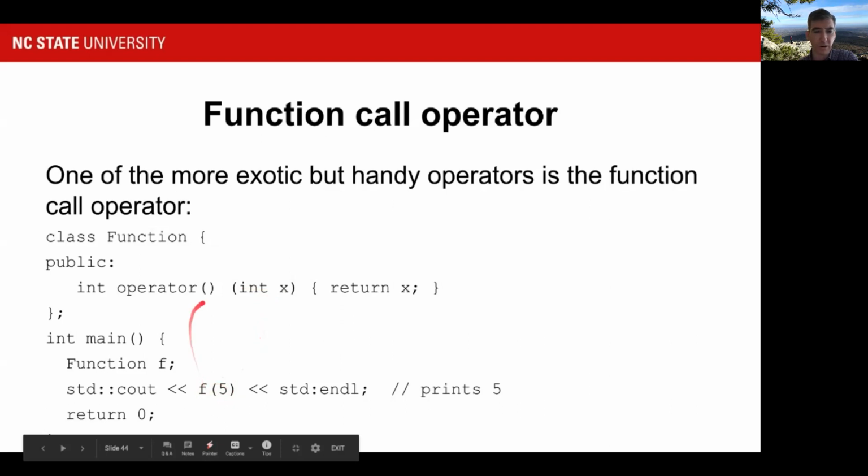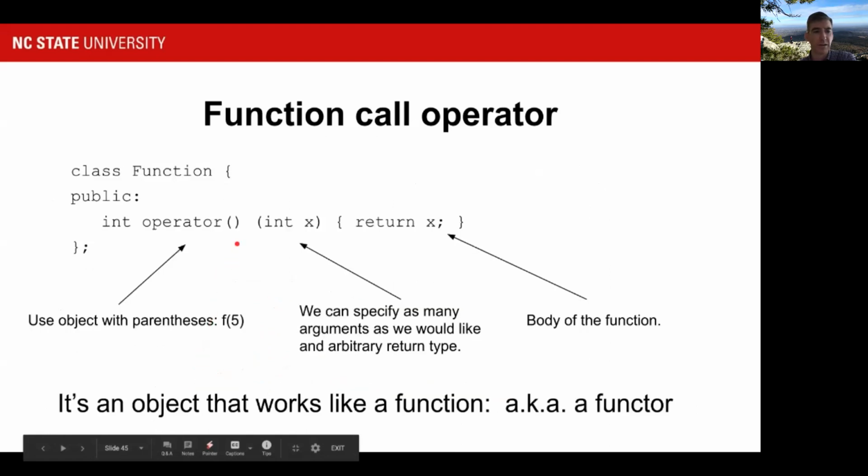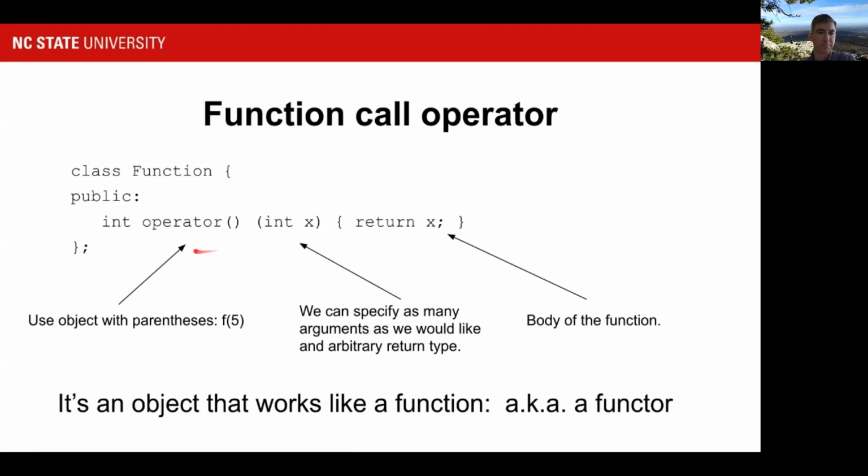This is going to call the function call operator on object f with argument 5 and basically just give us 5 back. So in this case, I pass 5 into object f, it's going to return 5, and then I'm going to print out the number 5. Pretty neat.